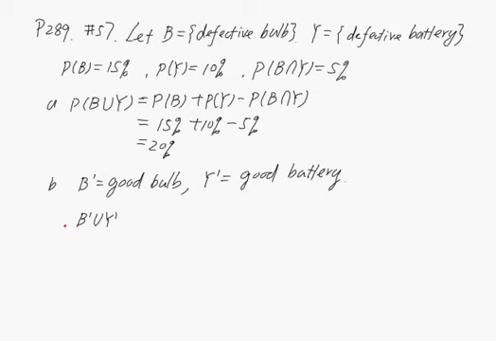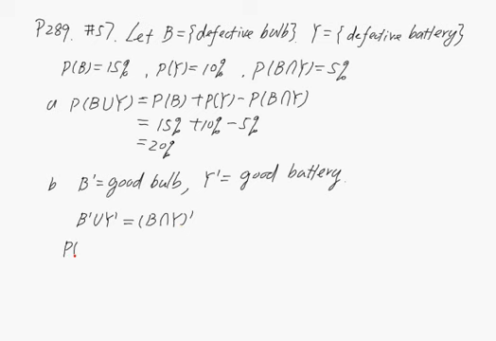De Morgan's law, right? We know this is equal to the complement of B intersection Y. We already know the probability of B intersection Y, so we can use rule 6 to find the probability of its complement.